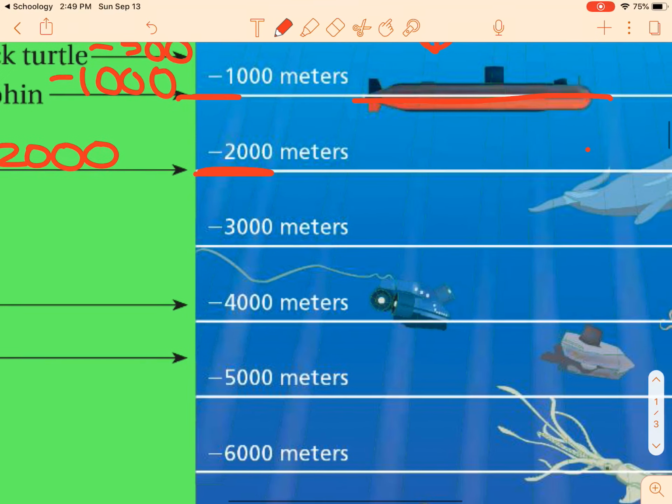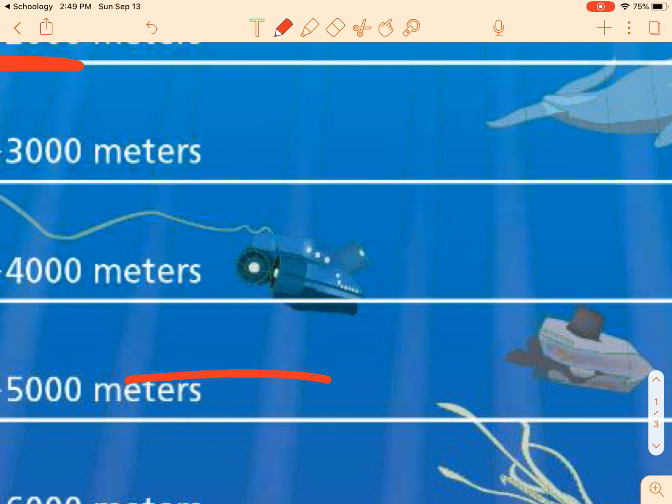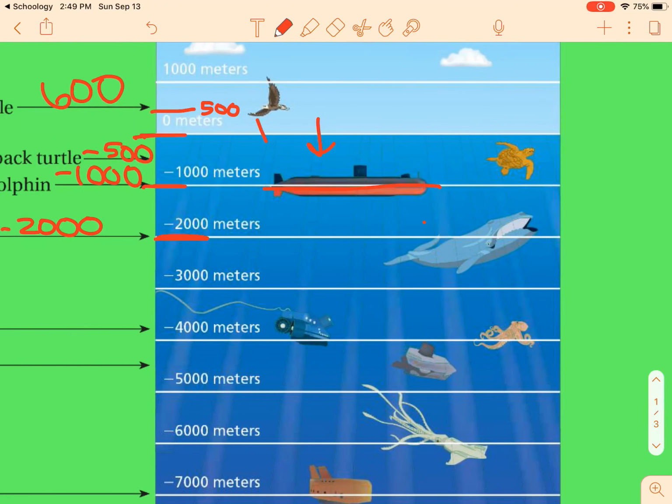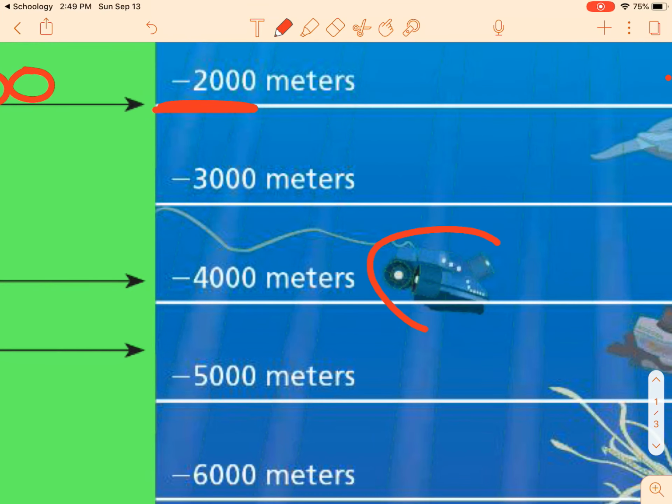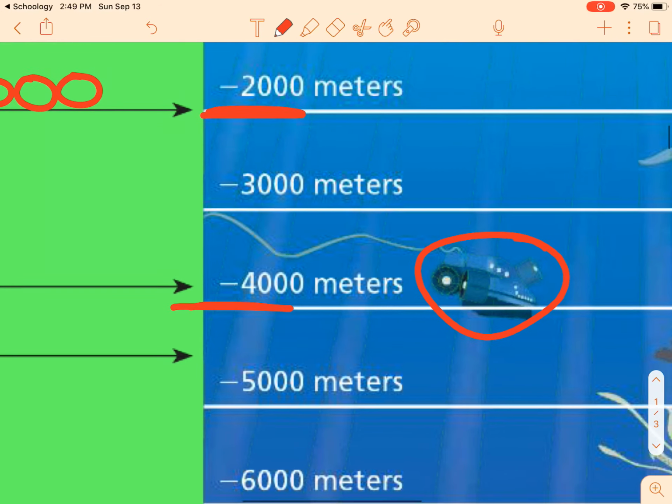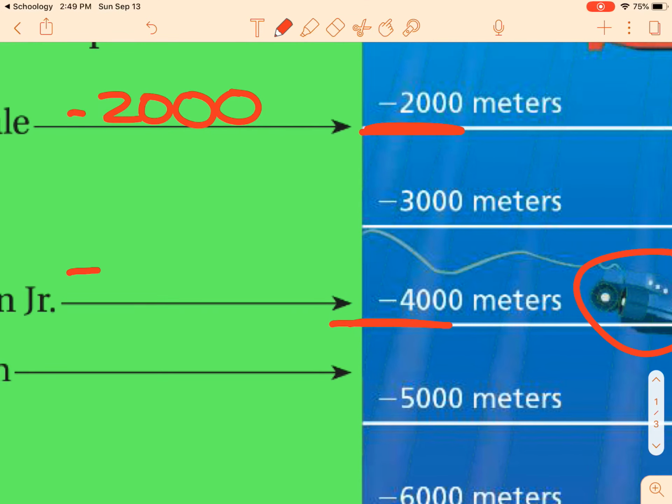Jason Jr. Oops, did not mean to do that. So Jason Jr. is this right here. This line is negative 4,000. I would say it's not quite at negative 4,000, so I would say it's at negative 3,800.